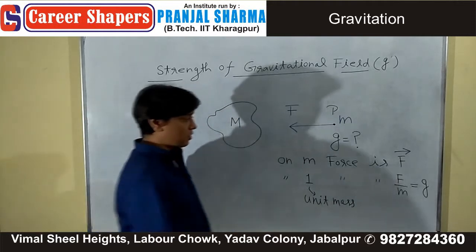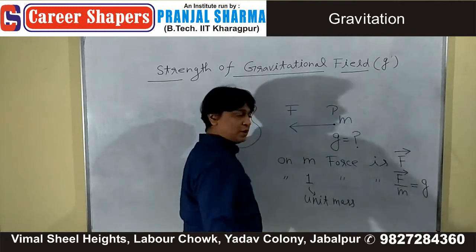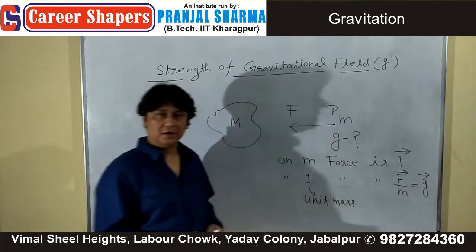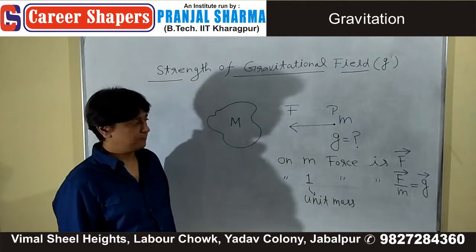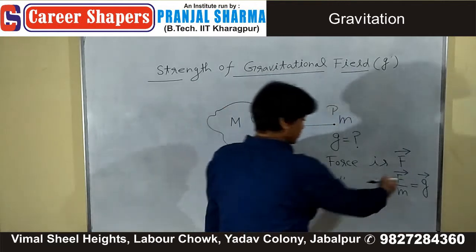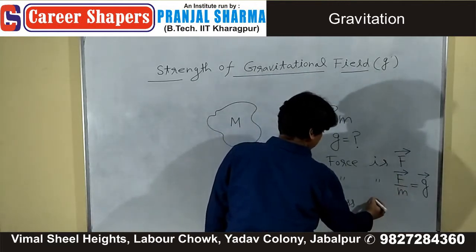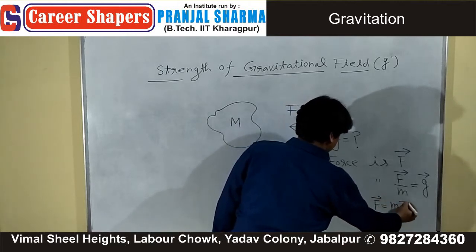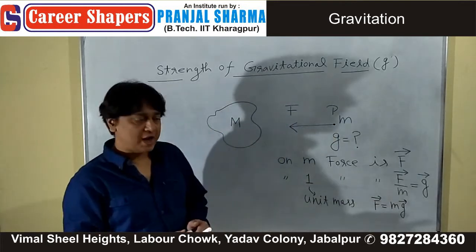And therefore, on unit mass, force is F by m, which says that gravitational field strength is also a vector quantity. So, from this, you can also write F in the familiar form, which is mg.